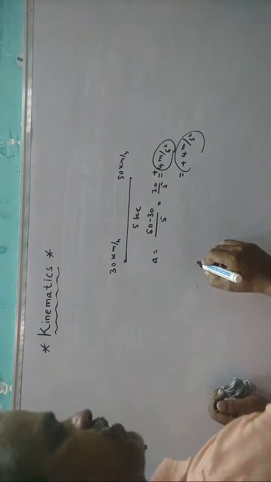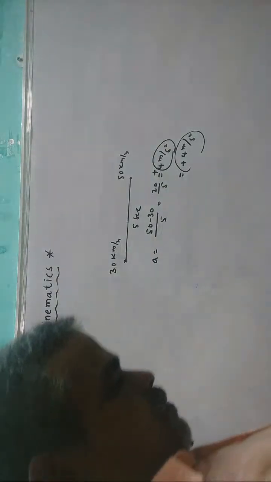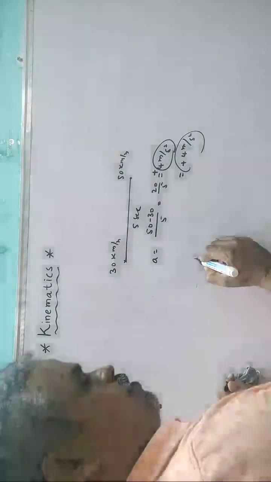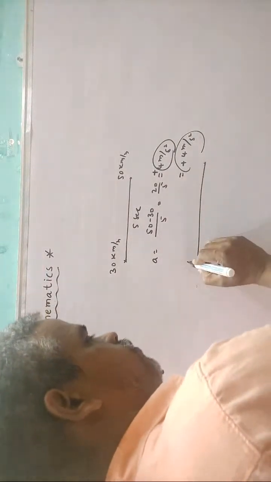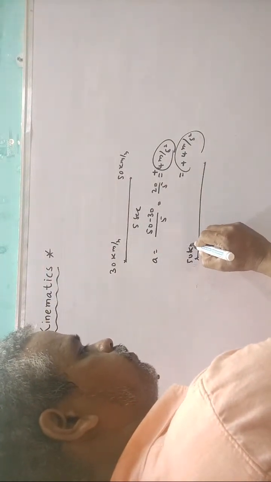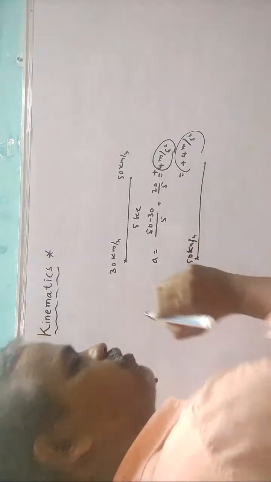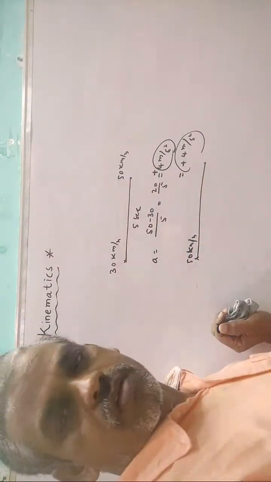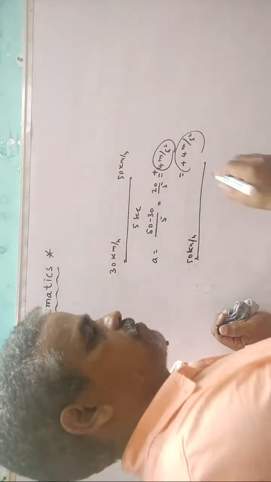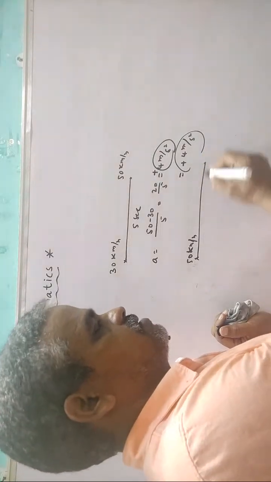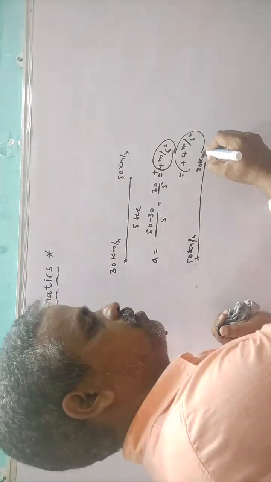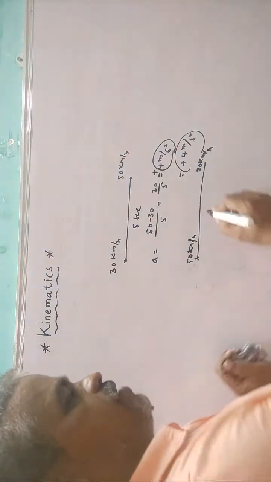I will give one more example. It starts with 50 kilometer per hour. After some time, the velocity decreases to 30 kilometer per hour in 5 seconds.